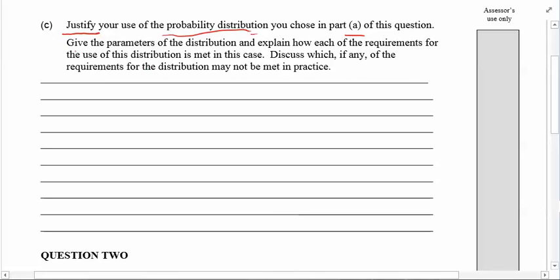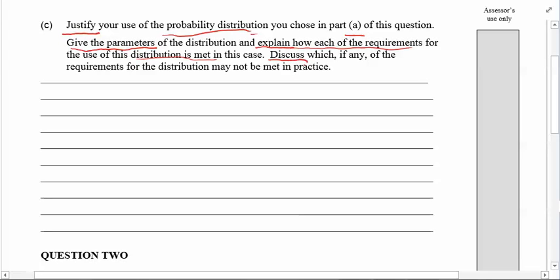Give the parameters, so there's another verb, another instruction, give the parameters of the distribution and explain, another verb, explain how each of the requirements for the use of this distribution is met in this case. So explain how they're met.